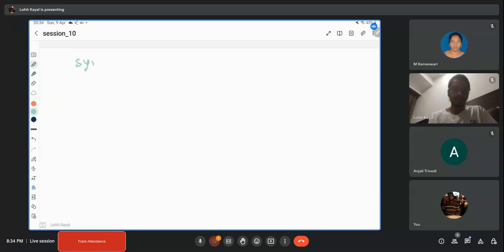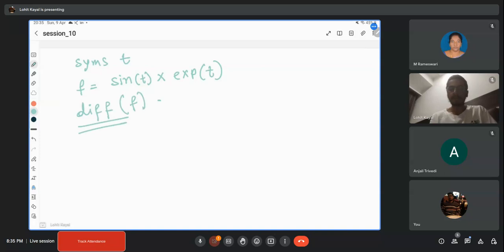You need to define it like this: suppose t, and f equal to sine of t times exp of t. Now if you want to find the differentiation, you just need to use diff of f, and it will give you the answer. Okay, you try this.